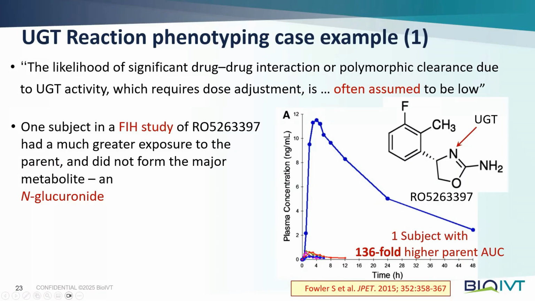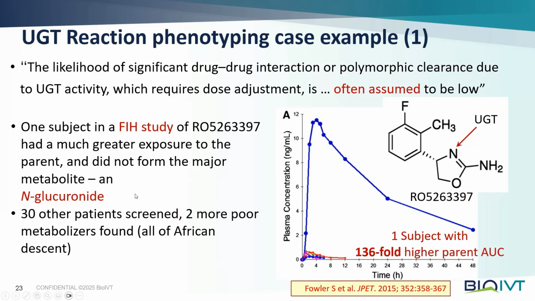And if you're looking at this structure, if I didn't have this arrow pointing to this nitrogen where the N-glucuronide forms, I think it would be reasonable in preclinical studies to just go through microsomes with NADPH, and probably it has low clearance. It's metabolized to some extent by P450, and so you wouldn't necessarily even look at UGT. Now, as part of the study, 30 other patients were then screened, and they found 2 poor metabolizers, all of which, these 3 subjects, were actually of African descent.